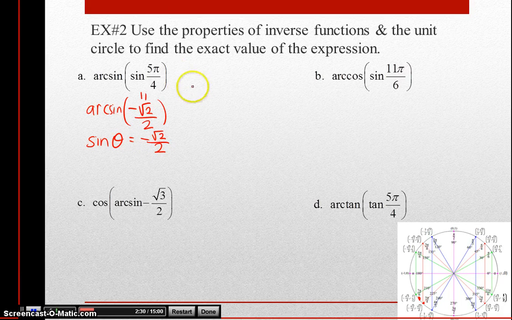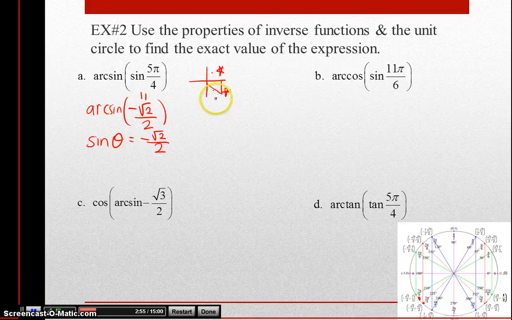Remember that the arcsine is defined in the first and fourth quadrants. So we're looking for an angle either here or here. In this case, we're going to be looking for an angle in the fourth quadrant because it's negative. If we go over to the unit circle, we're going to see that it corresponds with 7 pi over 4.